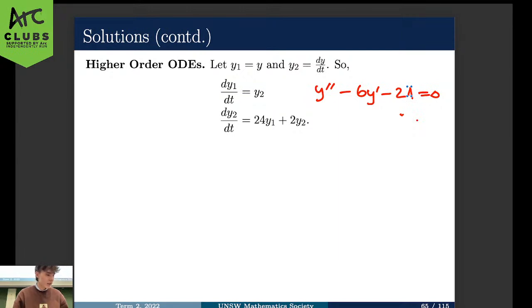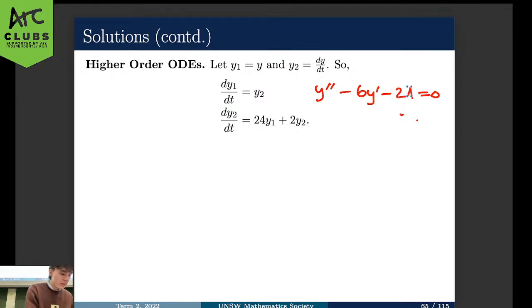You can see that if we're looking at what happens at y1, right? We know that dy/dt equals y2. So therefore, dy1/dt equals y2, just using our known expression for y1.